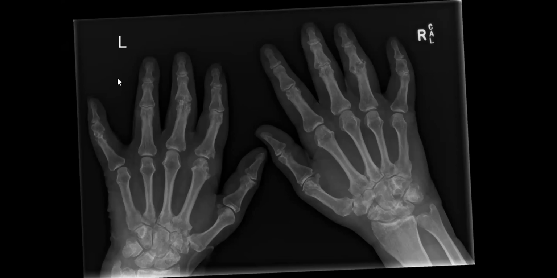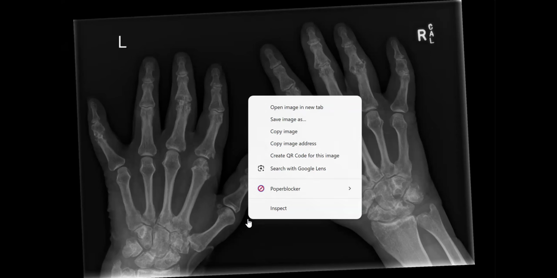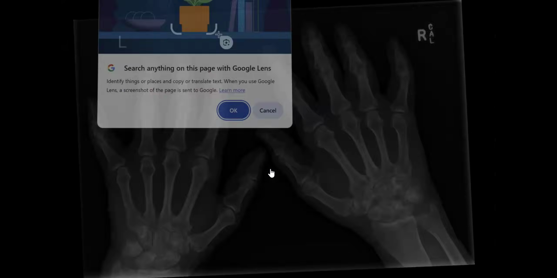This is again frontal projections of both hands. Here I can see juxta-articular erosions involving the second metacarpal of the left hand and the base of the proximal phalanx of the same finger.